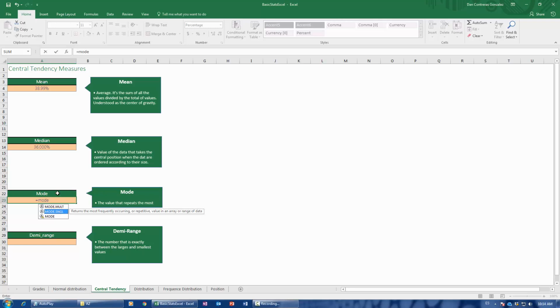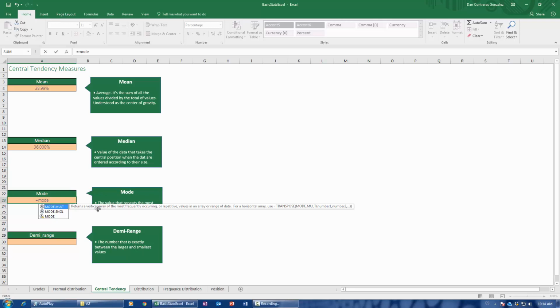To avoid any confusion, MODE.SNGL is the one that you want. That's the one that's most like what you were taught in elementary school. MODE.MULT, as the explanation says here, returns a vertical array of the most frequently occurring values in an array or range of data.